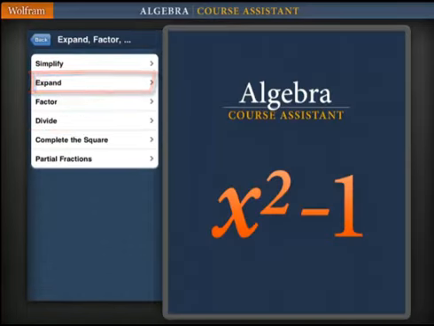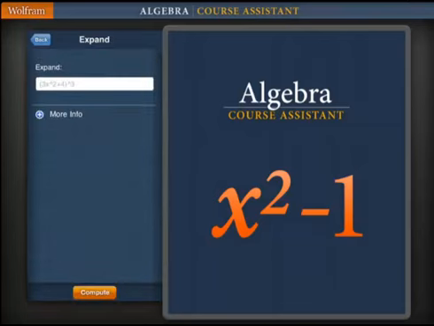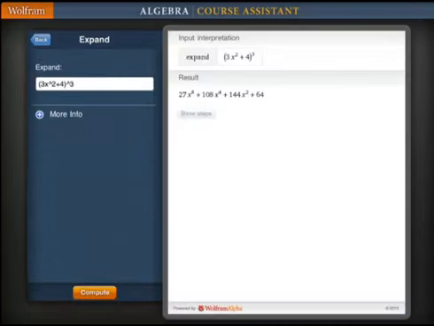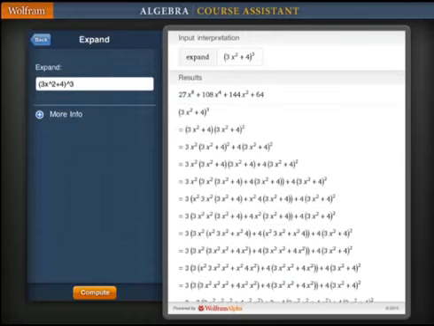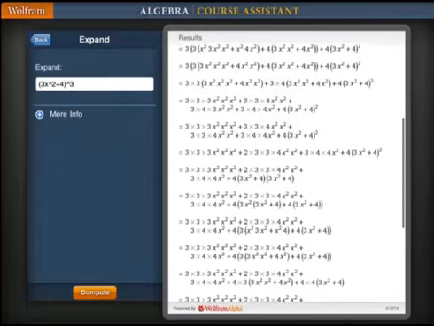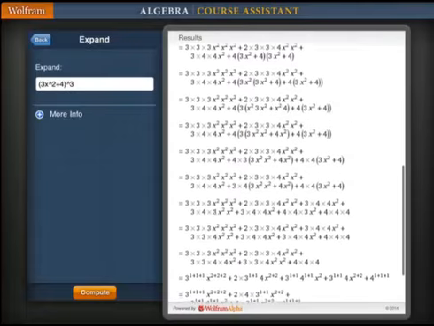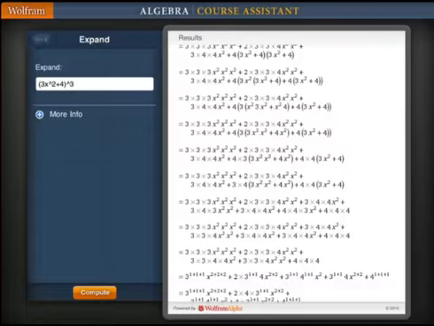We'll go through one of these expand functions so you can see how this works. That's how that particular equation has been expanded. And again, show steps where applicable so that you can actually see how that is expressed as an expanded equation.